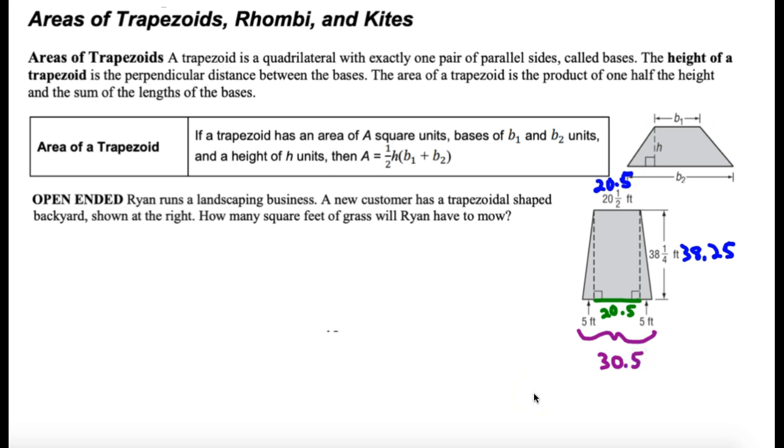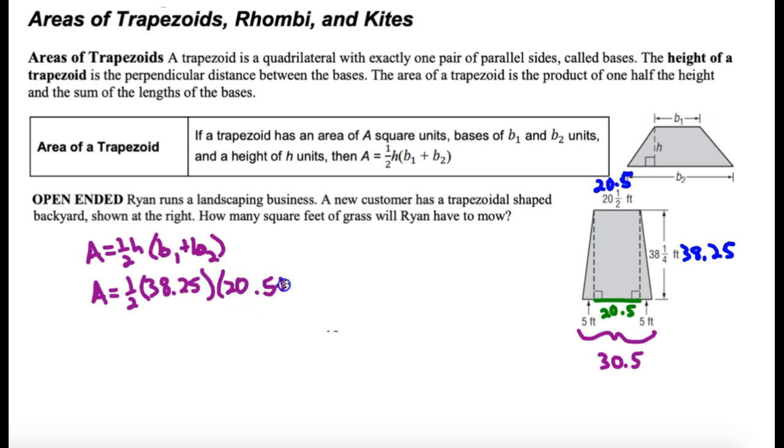Now we have all the information we need to find the area. Area is 1/2 times the height times base 1 plus base 2. My height is 38.25, and my two bases are 20.5 and 30.5. So this would be my setup. And again, we can type all that into the calculator at once.